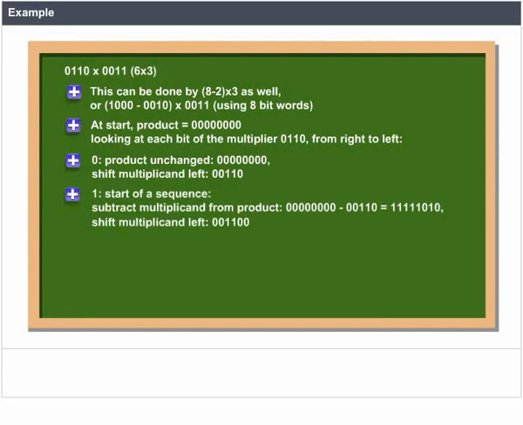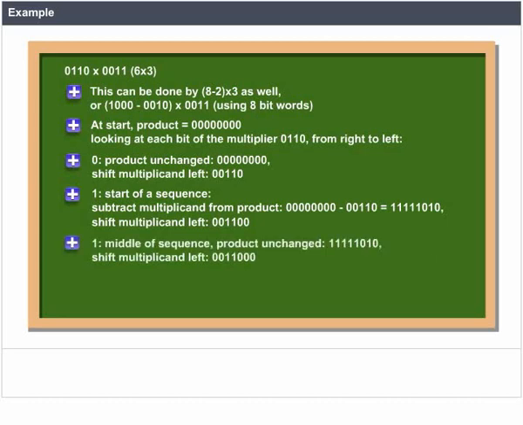Subtract multiplicand from product: 00000000 minus 00110 equals 11111010. Shift multiplicand left.